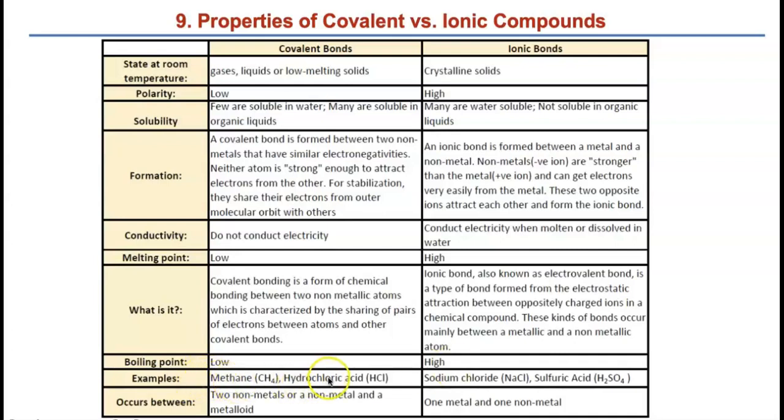Examples are methane and hydrochloric acid for covalent compounds, and sodium chloride and sulfuric acid for ionic compounds. Covalent bonds occur between nonmetals, or a nonmetal and a metalloid, and ionic compounds occur between one metal and one nonmetal.